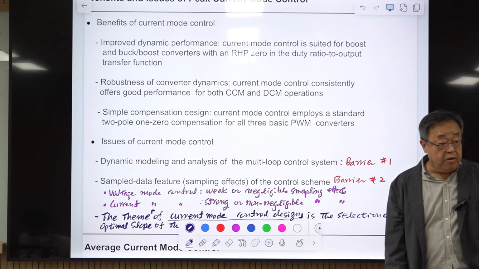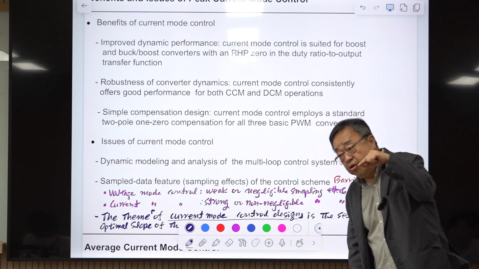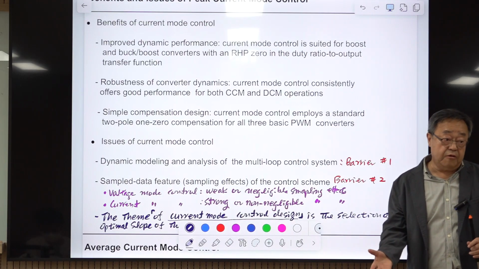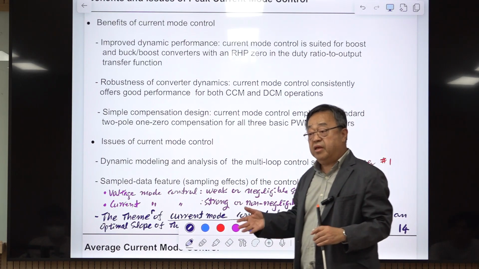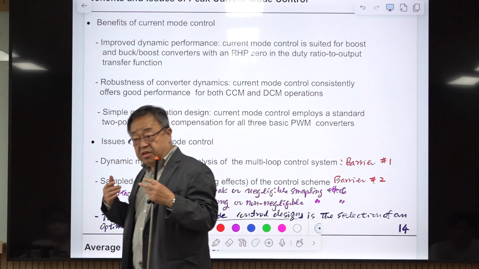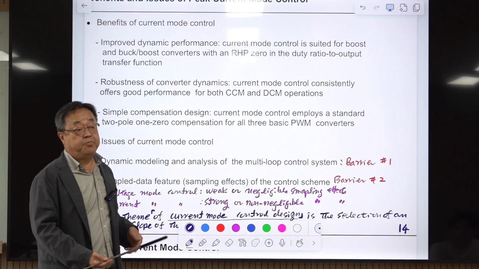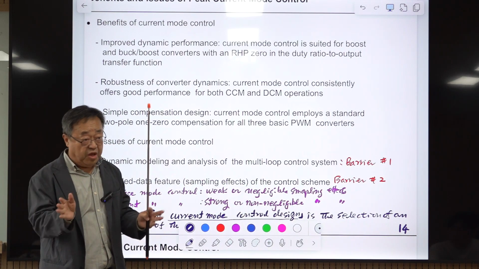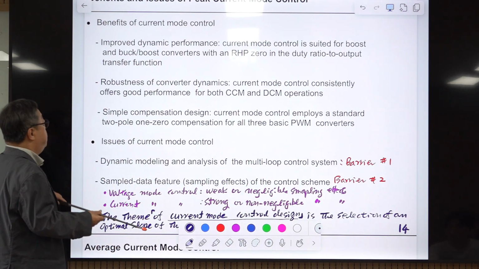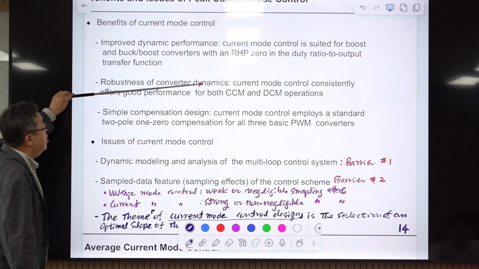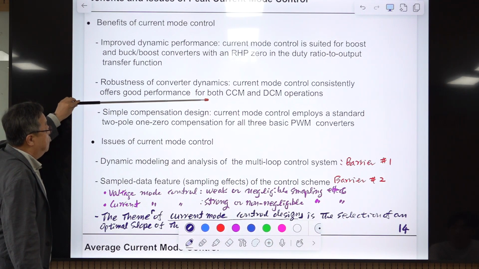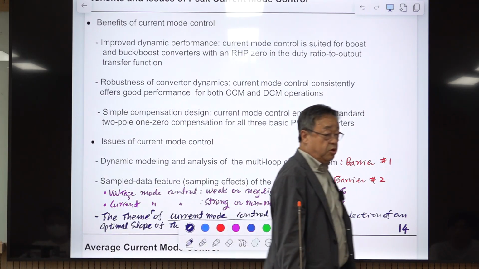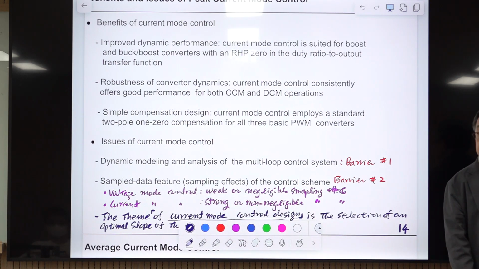If the converter enters DCM, the closed-loop performance will be deteriorated. Frequency domain characteristics and time domain response will both be degraded, because they are closely related. But with current mode control, you can obtain consistent performance regardless of the operational mode. That is another big advantage.